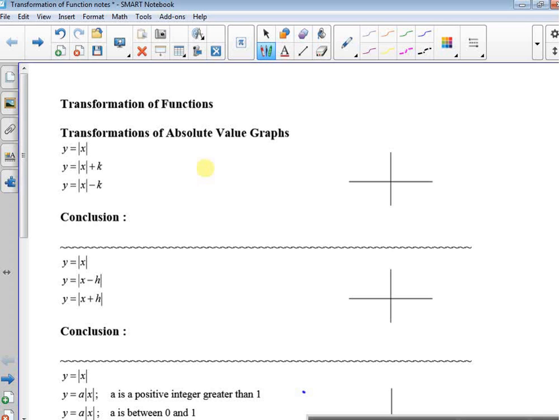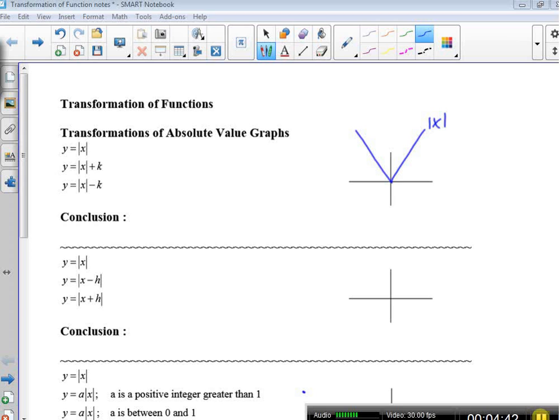So if I have y equals absolute value of x, that was just here. Okay. So if I draw that, and then if I want to do plus 2, it's going to go up here. And the minus 2 went down 2.